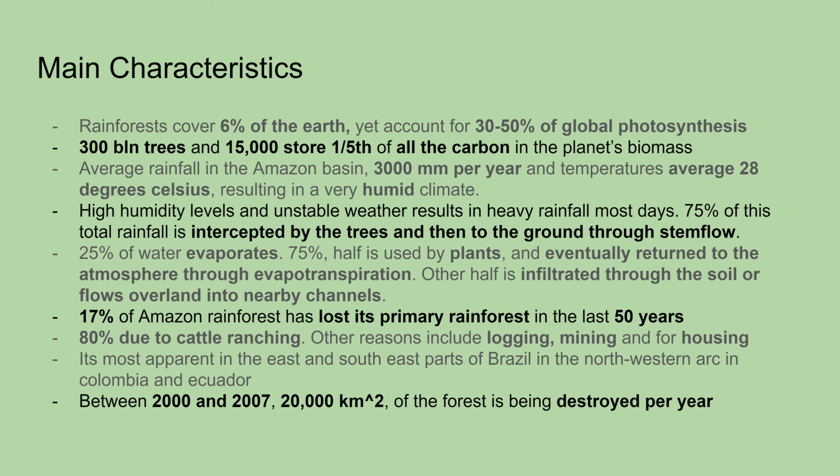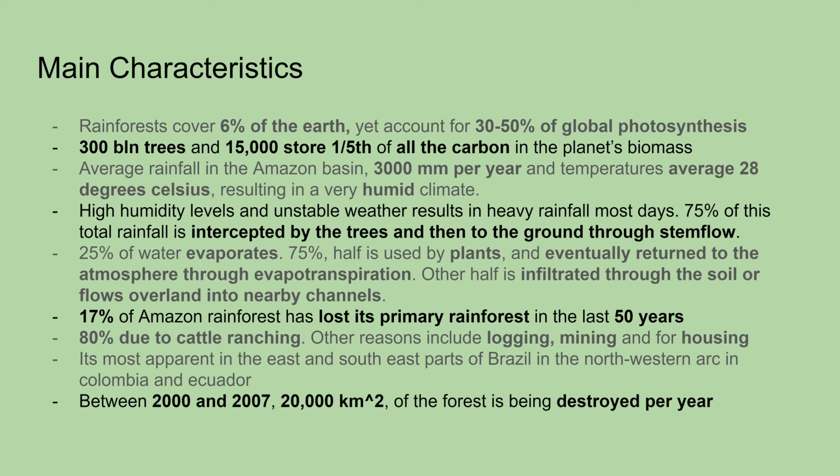Average rainfall in the Amazon basin is 3,000 millimeters per year, which is a crazy amount. And temperatures average around 28 degrees Celsius, which results in a very humid climate. These high humidity levels and unstable weather result in heavy rainfall for most days.